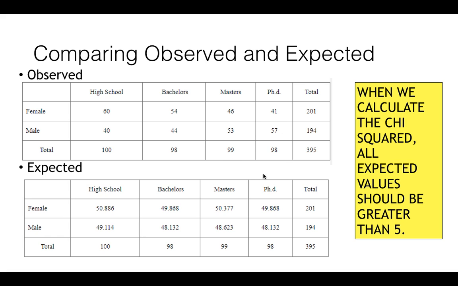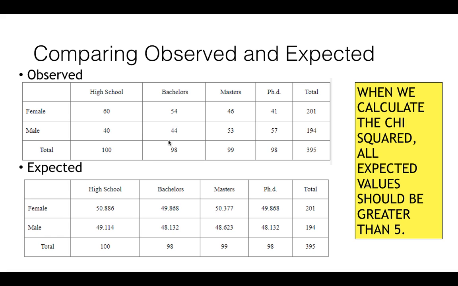So it's clear that in this case, the gender, whether or not someone is female or male, has affected whether or not they get a PhD education. The same is true here. We would expect an almost equal number of males and females to be bachelor educated. But actually, when we look at the values, far more females are bachelors educated than we would expect, and far fewer males.